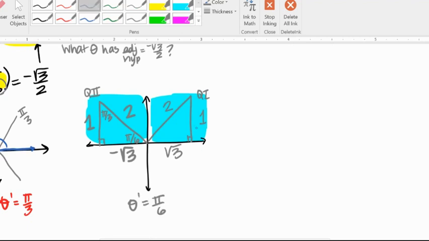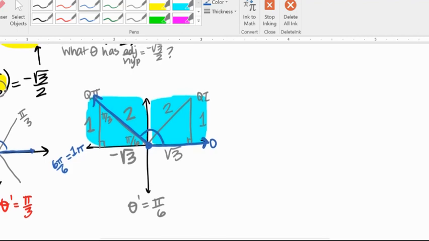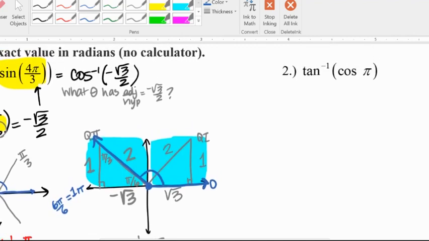Cosine is restricted between 0 and pi, which in this case would be, if the reference angle is pi over 6, that would be 6 pi over 6. So I'm trying to find out what angle is this obtuse angle that ends up in quadrant 2. Okay, so the answer is not pi over 6. The reference angle is pi over 6. That angle is 5 pi over 6.